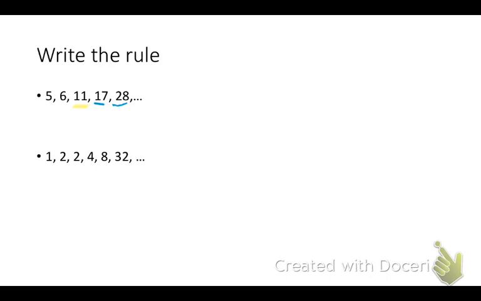So then it just becomes writing the rule of a sub n. So a sub n is whatever term that I want right now. I need to take a sub n minus 1 plus a sub n minus 2. All we're doing is taking the previous two terms and adding those together.